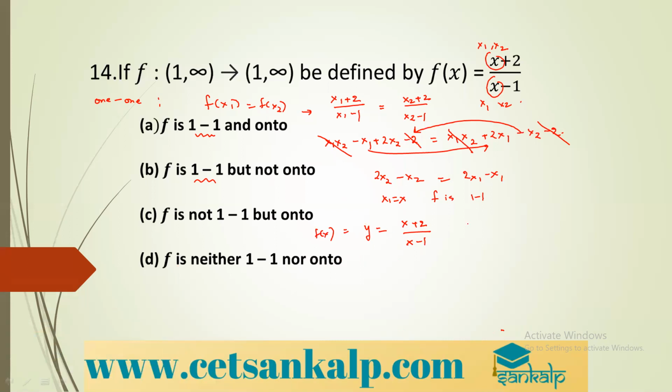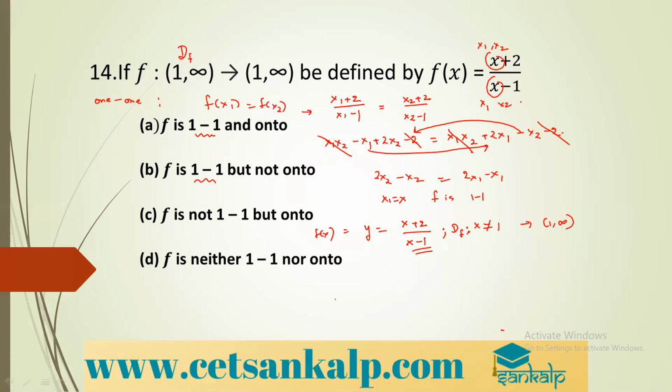Looking at the function, I can say the denominator should not be equal to 0, so x should not be equal to 1. That is the domain of the function. x should not be 1, because if x is 1, the denominator will be 0 and y will be undefined. So the domain of the function is x not equal to 1. And from the function also we have the domain of the function 1 to infinity, not equal to 1.